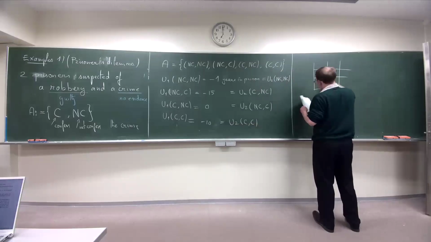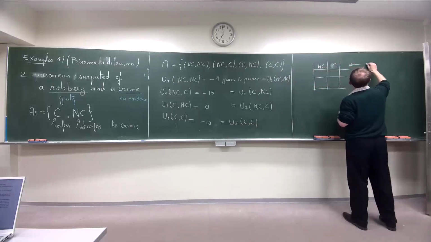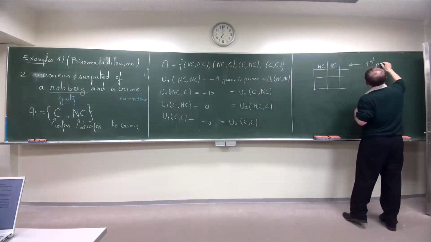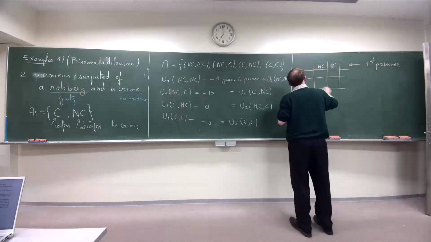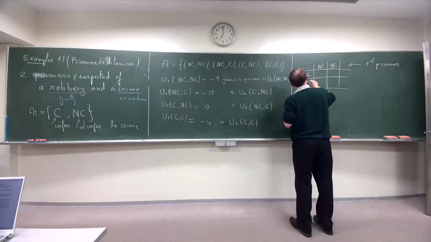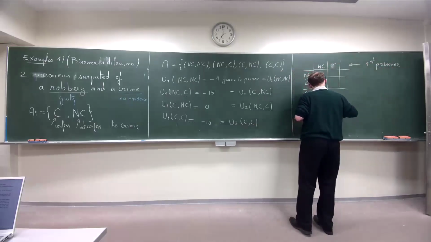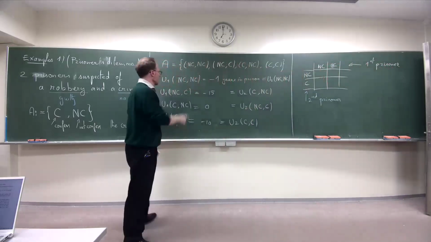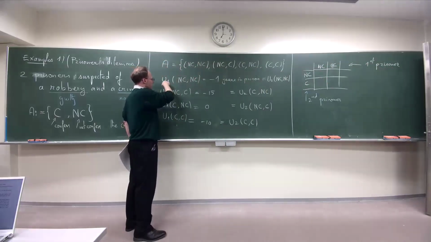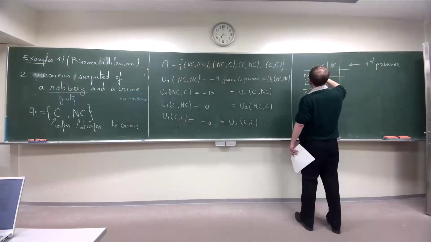The first line is for the first prisoner, and the first column, not confess, is for the second prisoner. In each entry I want the vector with the two entries U1 and U2. If both do not confess, we have -1, -1.